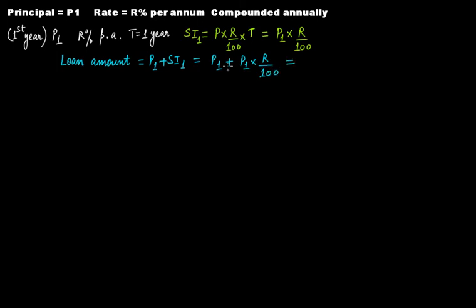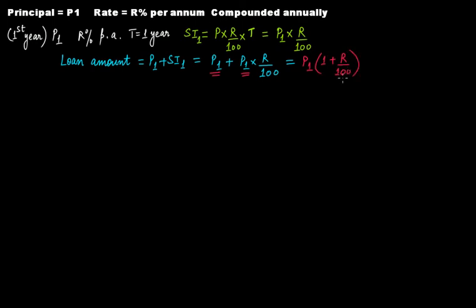This can be written as, can you see, P1 is common in both terms, so applying the distributive property of multiplication over addition, you can write it as P1 within bracket 1 plus R by 100.